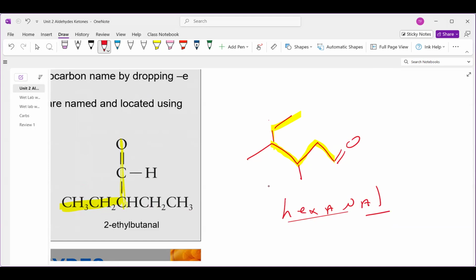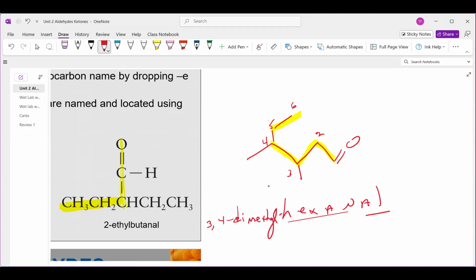Yes, we have two methyl groups on carbons number. So it's going to be 3,4-dimethyl hexanal.